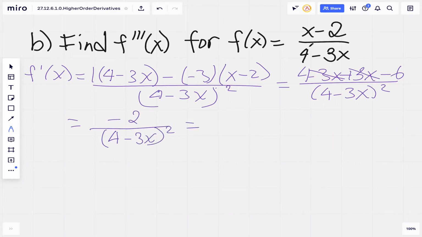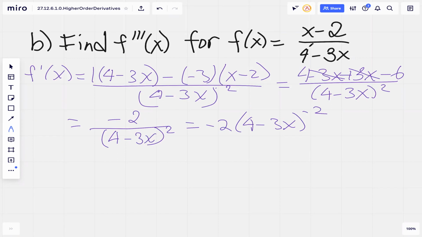Okay, so let's rewrite the first derivative as negative 2 times 4 minus 3x raised to the negative 2. Now let's just check this. I'm always very suspicious when things work out in my favor. We're going to use the quotient rule.